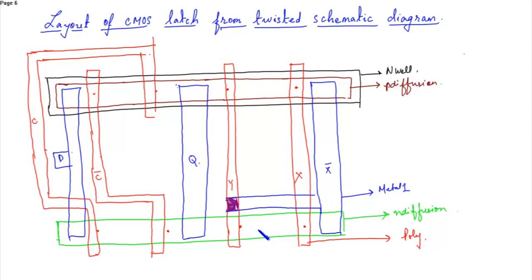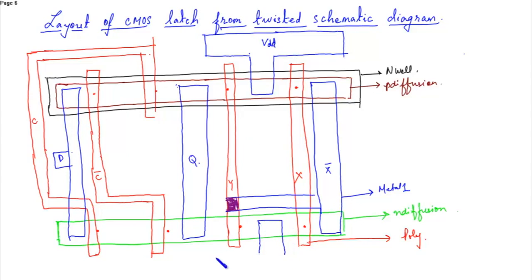Here this is your VDD. This part was connected to VDD. So this is VDD, and this was connected to ground.